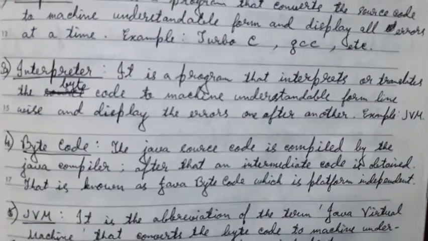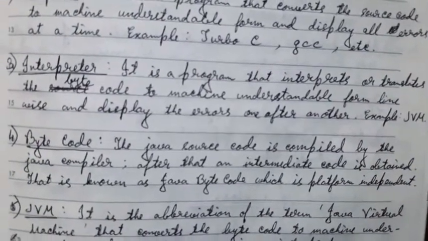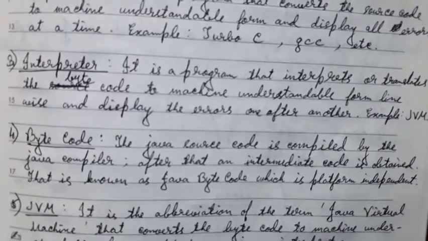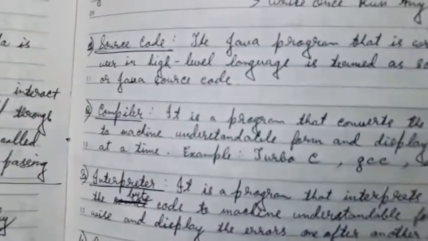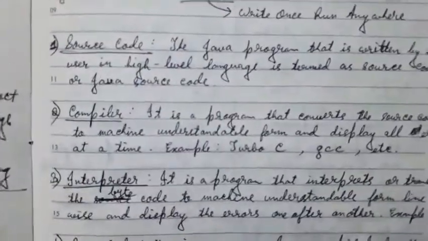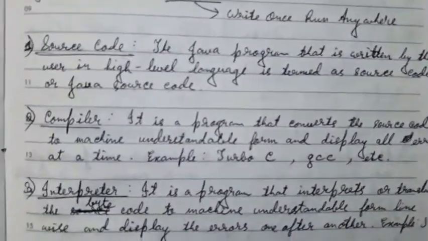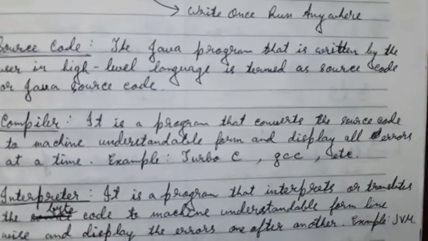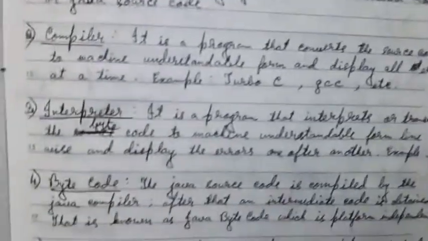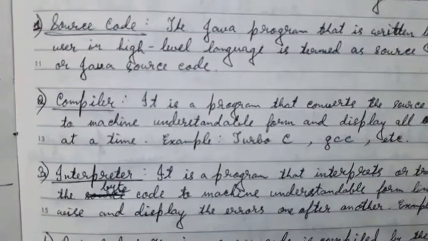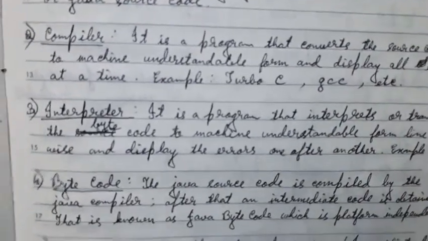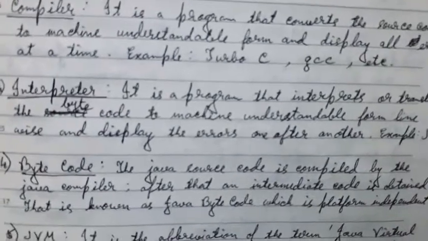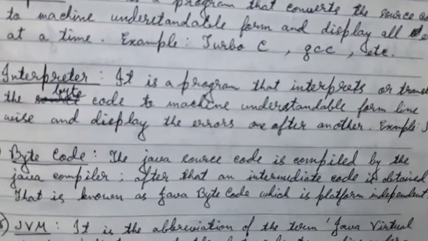What is bytecode? We write the program, that is the source code, in a high level language. Then what does the compiler do? The compiler compiles the program and converts the source code to a machine understandable form known as a bytecode. You understand? This source code is compiled by the Java compiler.